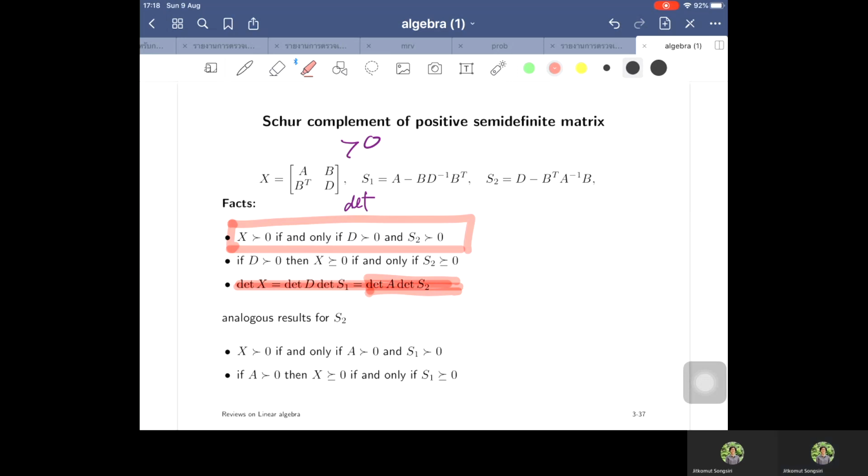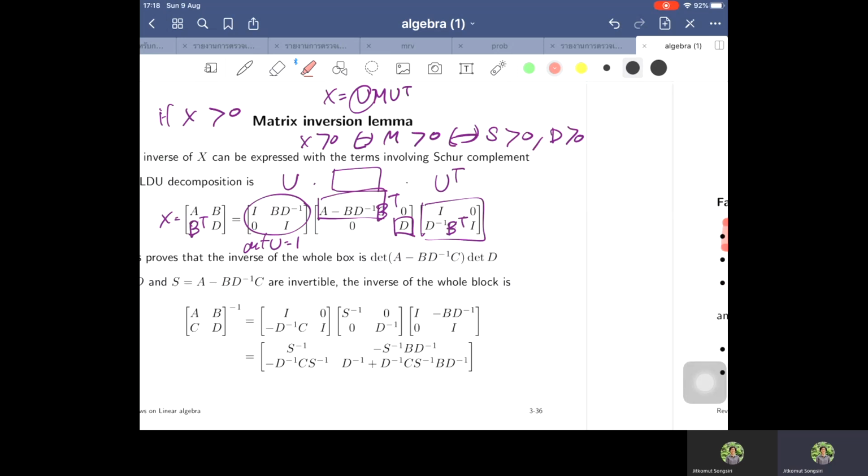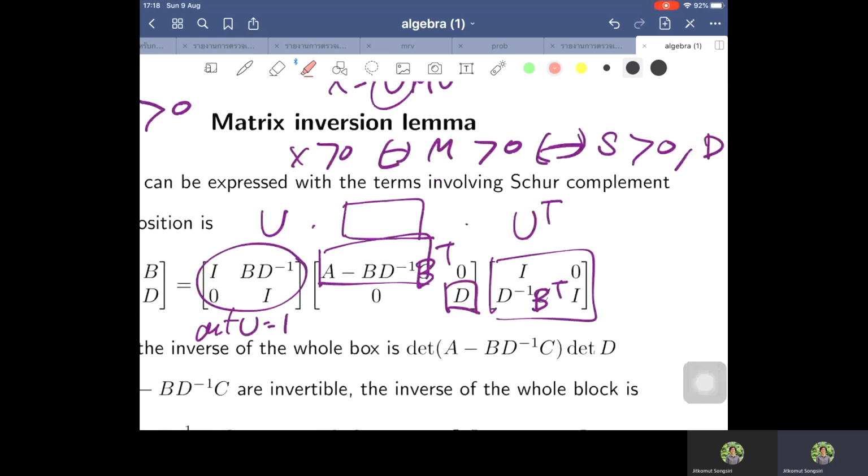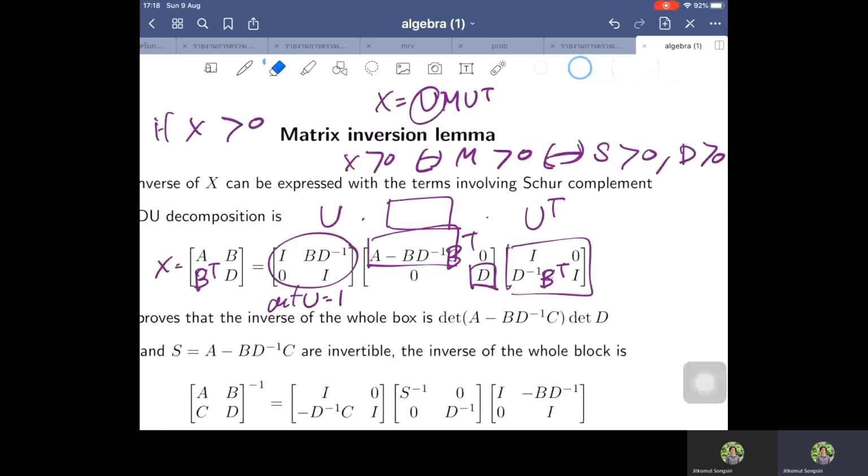And of course, we talk about some special case. If X is merely positive semi-definite and D is positive definite. Now we talk about the case that we include the case that X could be non-invertible.